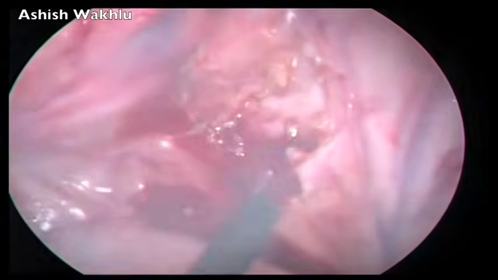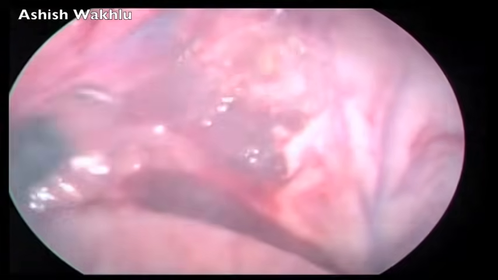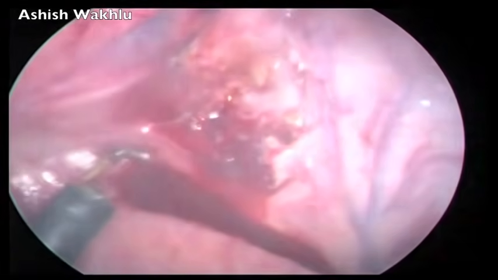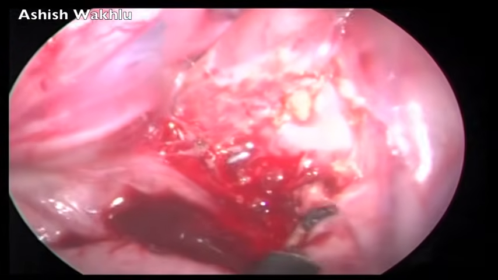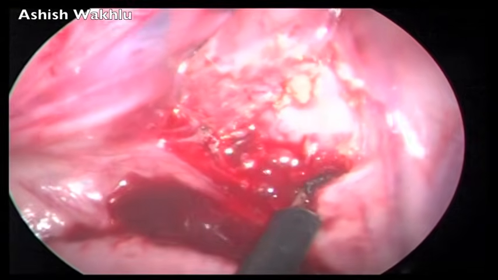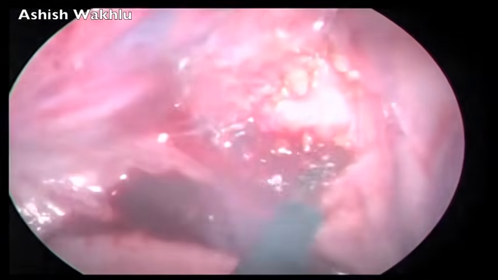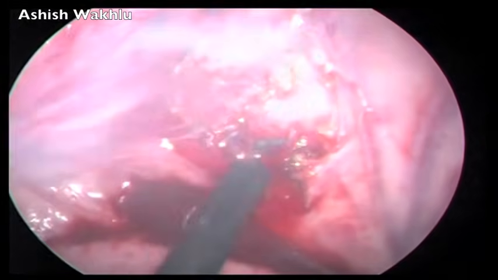As you can see here, the cautery hook snagged a mesenteric vessel. It's probably a small bleeder which, however, because of the magnified view of the telescope, creates a large-looking pool.